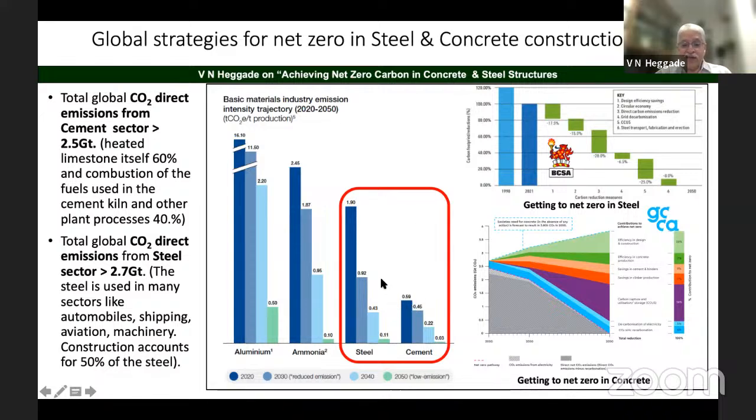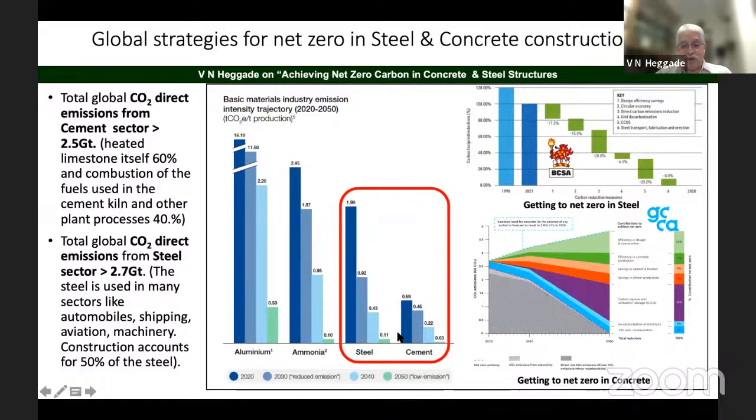As you can see here, they are targeting globally to reduce the embodied carbon of the steel from 1.9 ton carbon dioxide equivalent to almost around 0.11 ton by 2050 by phases. By 2030, they are planning to bring it down to 0.92. Presently in India, it's around 2.5, but the global average is around 1.9 ton carbon dioxide emission for production of 1 ton of steel.